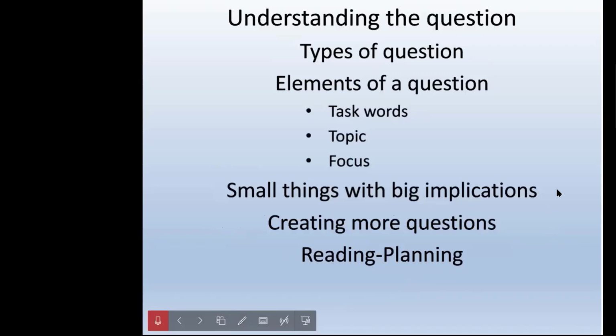So, yeah, we're going to look at understanding the question, the types of question, the fact that there are 3 elements to a question: task words, topic, focus. That there are little things, small things with big implications, little words or things that can be added into a question that you might skip over, but in actual fact, you have to pay close attention to.